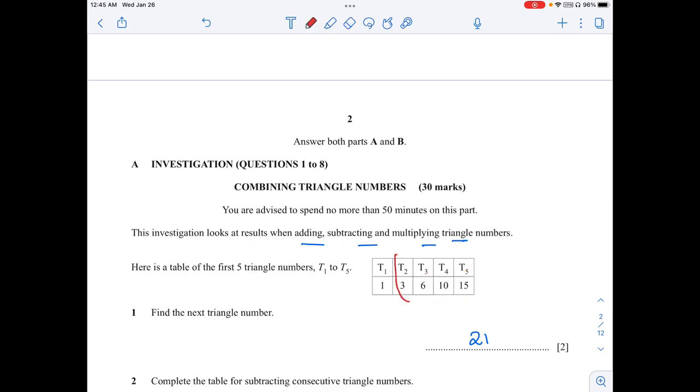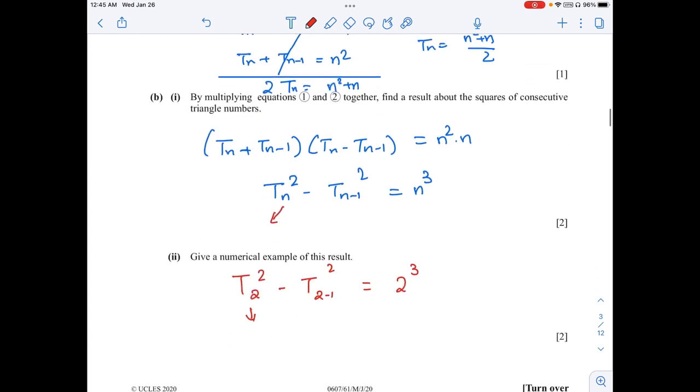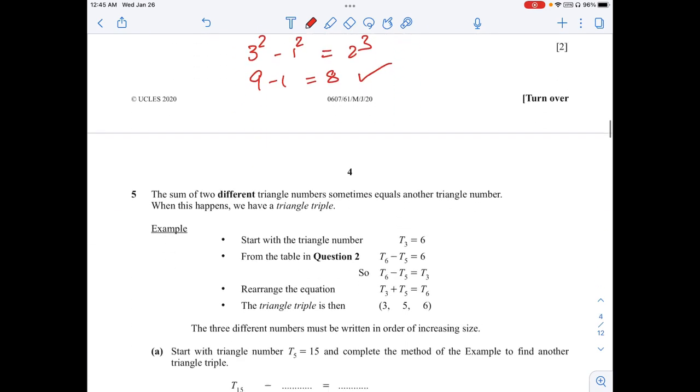T2 is going to be 3 and T1 is going to be 1. So 3 square minus 1 square should be equal to 2 cube. So 9 minus 1 is 8, and 2 cube is 8. So yes, that is correct. The formula we have derived is correct.